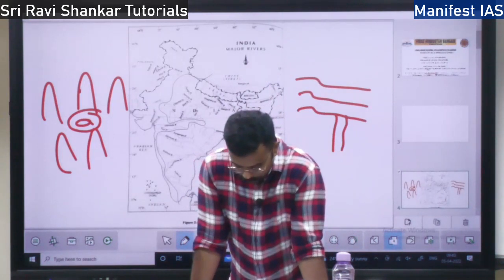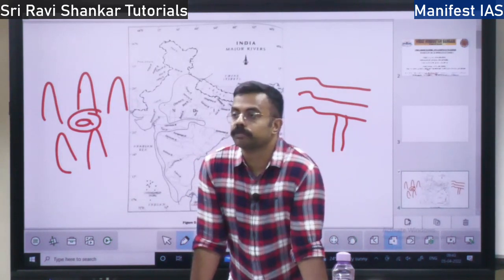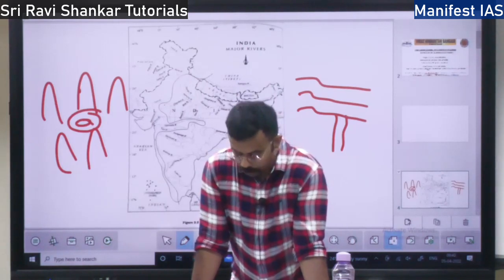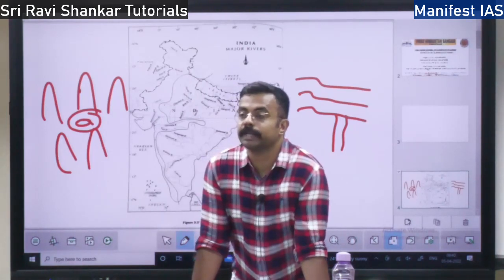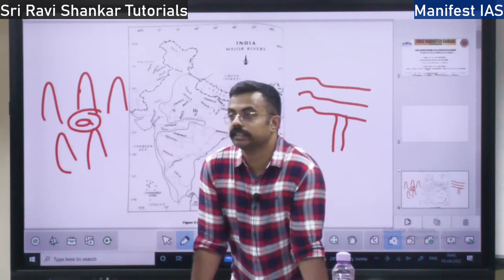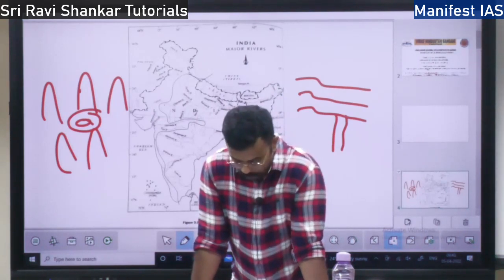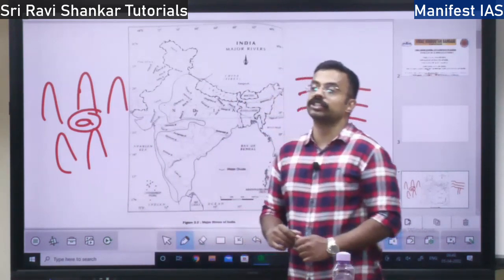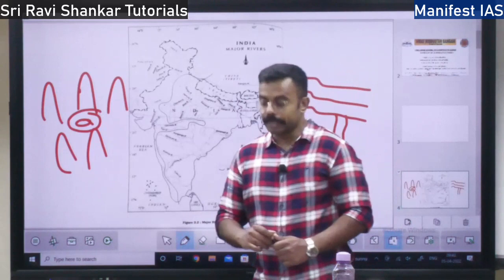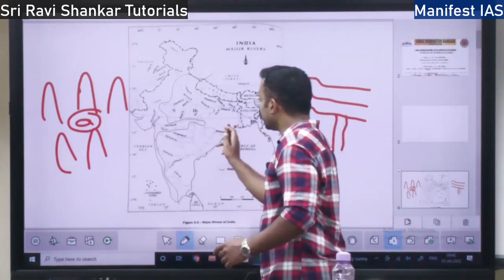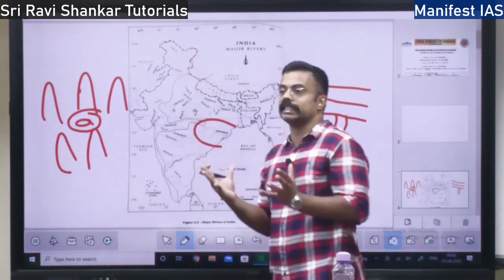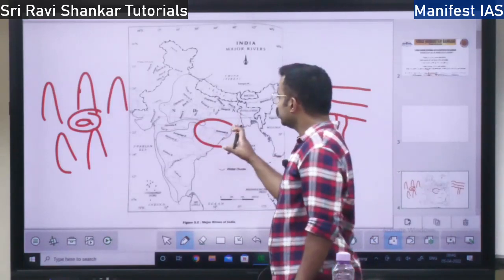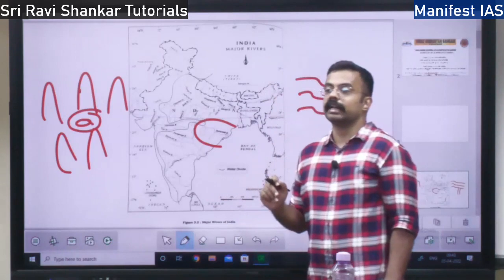So now these are the 4 types of drainage pattern we have spoken about. Next we will talk about the difference between river basin and watershed. The catchment area of a large river is a river basin. That is, whatever rain is caught in this region will flow as the Mahanadi River. That is the river basin, right?